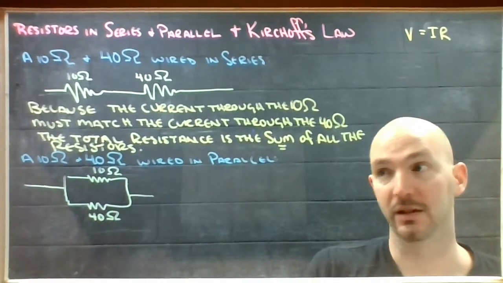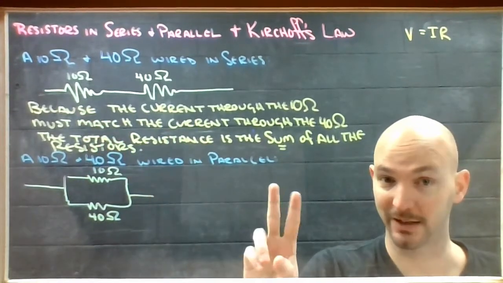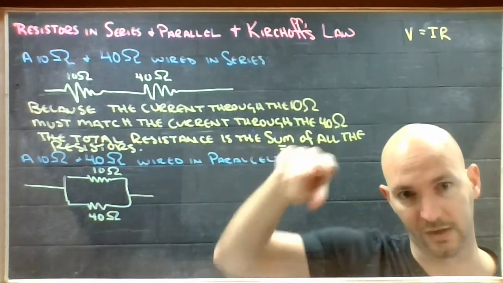So in English, if you have a 10 and a 40, you add them together to get 50, which I had calculated here already.